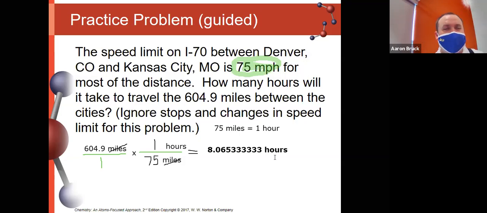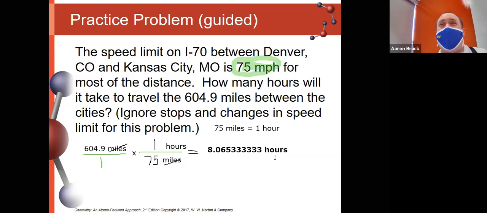Okay, so it's not because of the miles. What do we know about the speed? 75 miles an hour. Is that an exact value, or is that going to be a measured value? If I get in my car and set my cruise control to 75 miles an hour, is it going to be exactly 75 miles an hour?